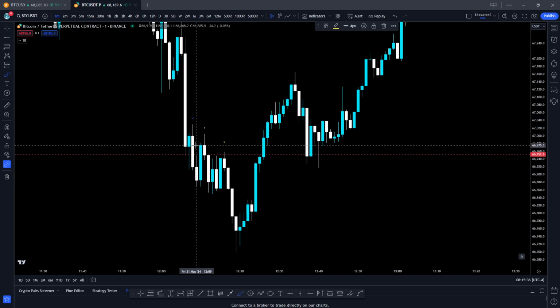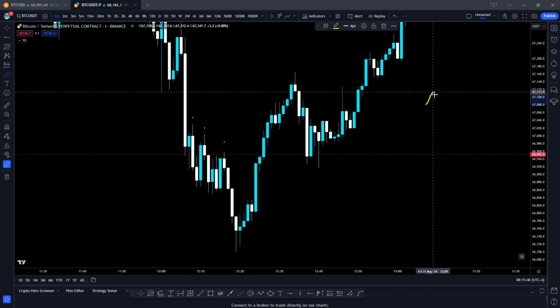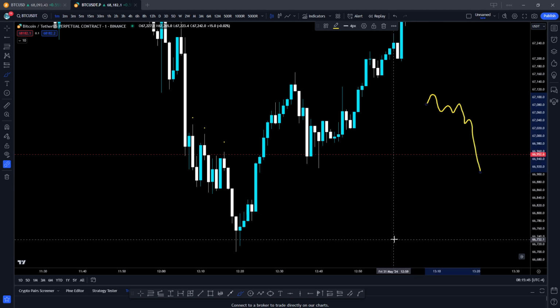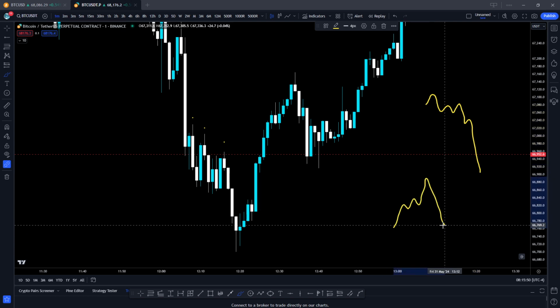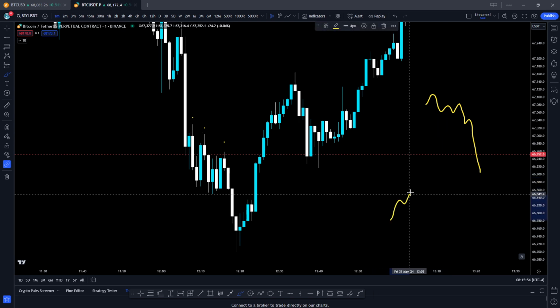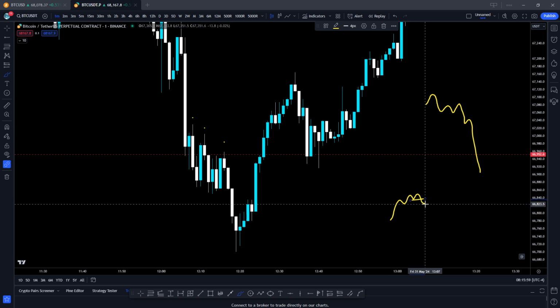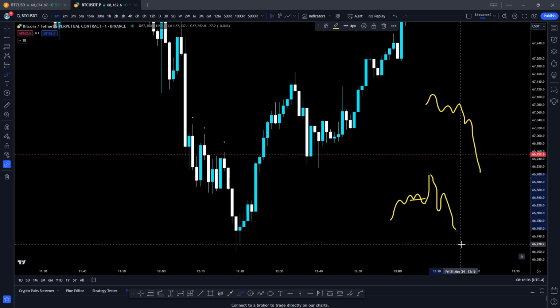You get a 3 up move, then consolidate and then break through, and then you get your market structure shift and move to the downside. Kind of looks like a middle finger.